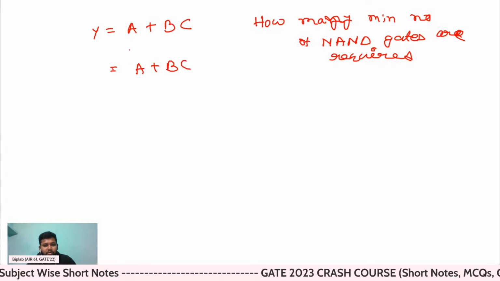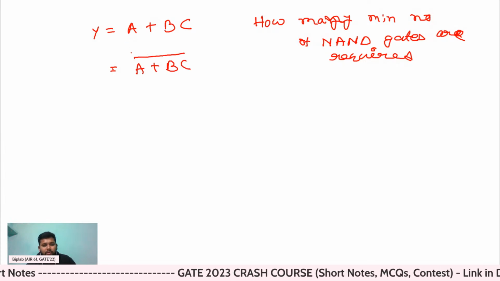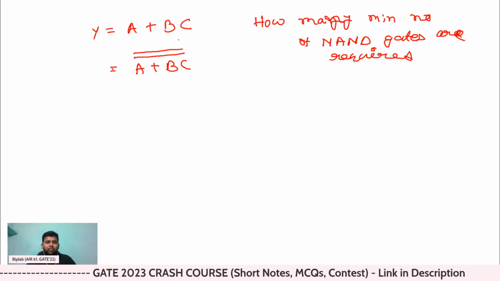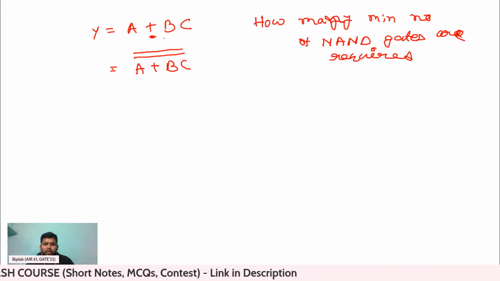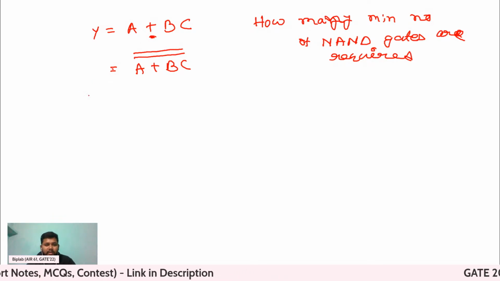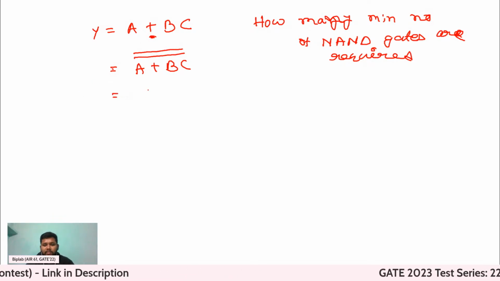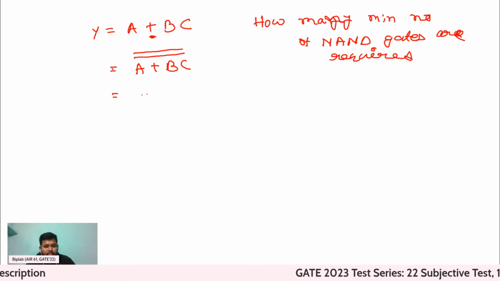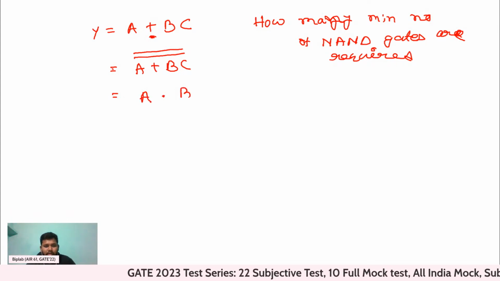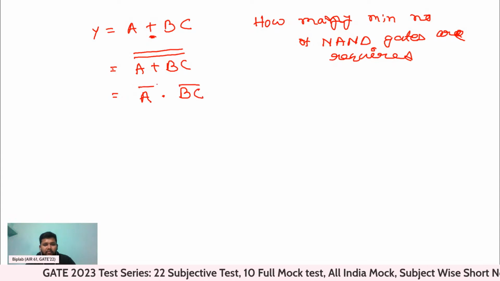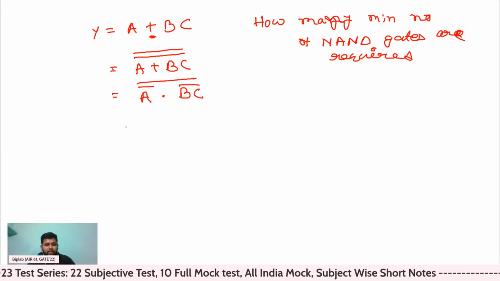Okay. So what we can do? We can do complement. Our aim is to convert this plus to dot, because we need AND. So that's why we go to De Morgan's law. Using De Morgan's law, we can convert this plus to dot. So you will have a bar here and the whole bar.